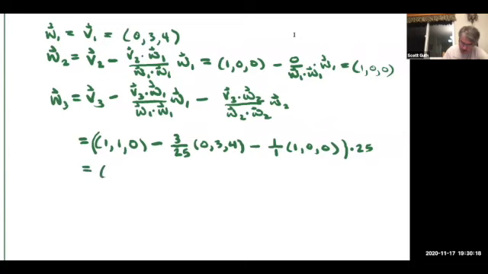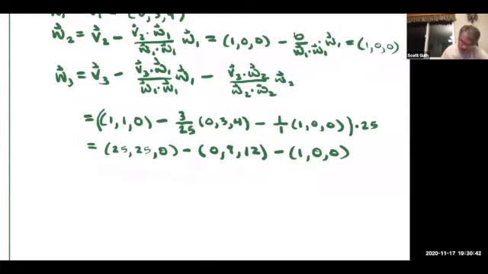So anyway, we're going to have a 25, 25, 0 minus, now the 25 is cleared on this. So I'm going to multiply the 3 through, so you're going to have a 0, 9, 12, and then minus 1, 0, 0.